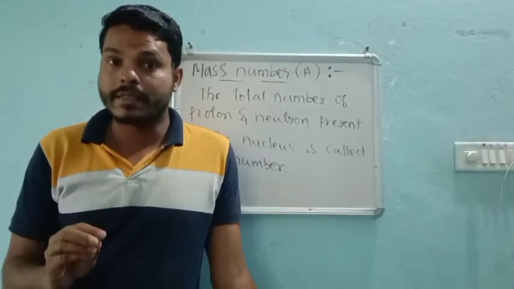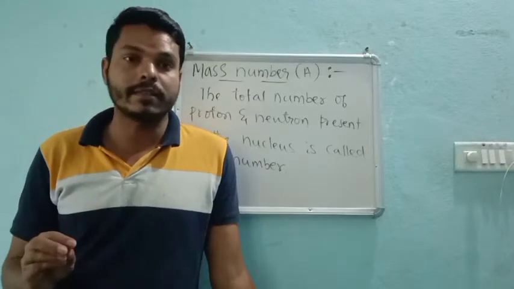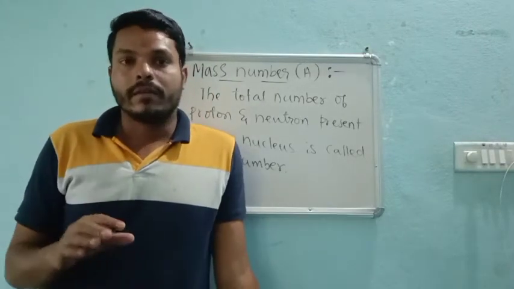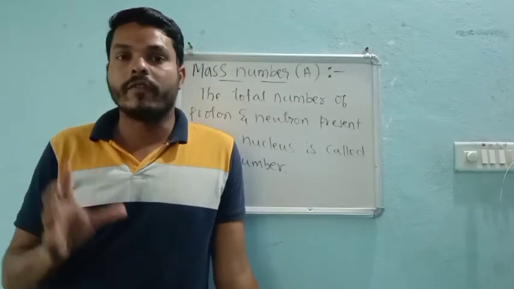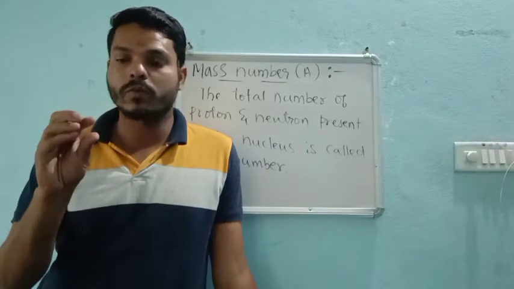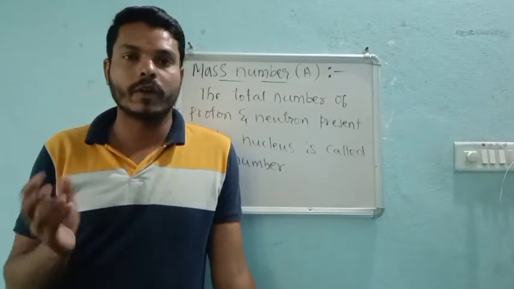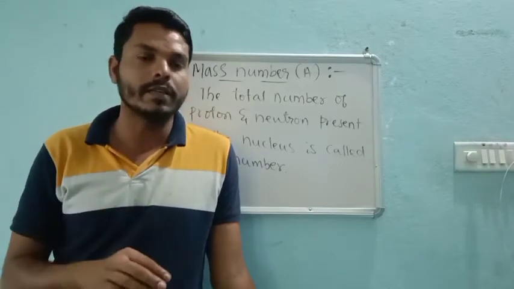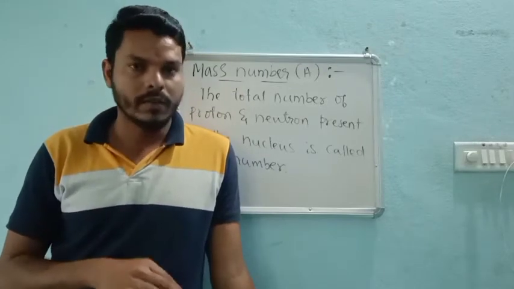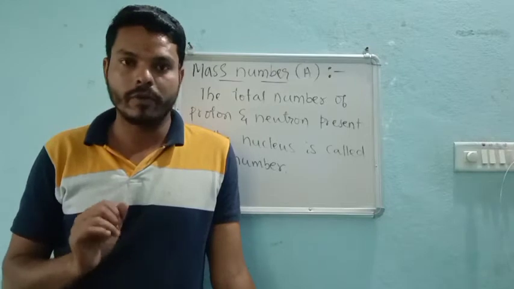As I said during your basic classes, the nucleus is a very rigid part, so the fundamental particles present in the nucleus we cannot remove or add. This point is very important.